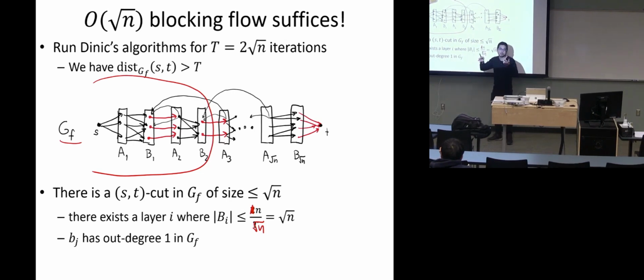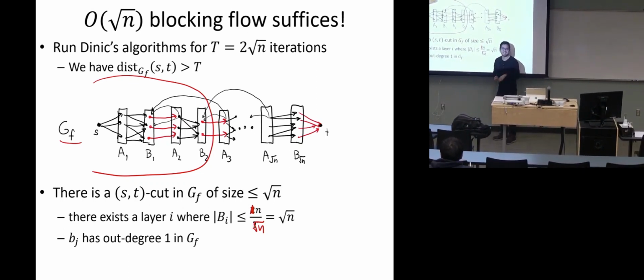B is now partitioned into root n many sets. So some subset of B's must have size just root n. Make sense? The first thing you need to know is just that there exists some Bi of size root n.